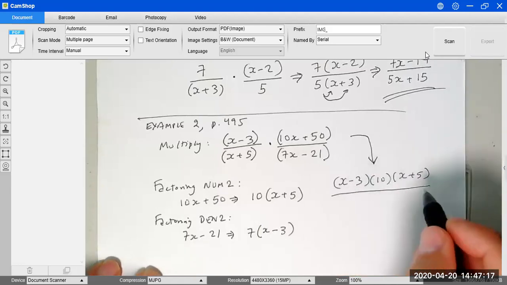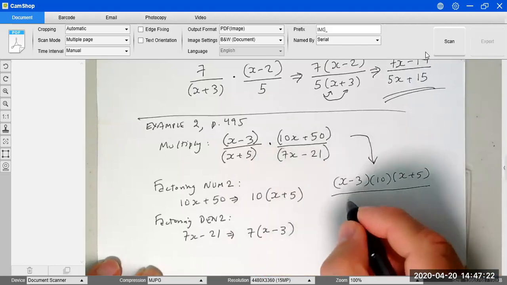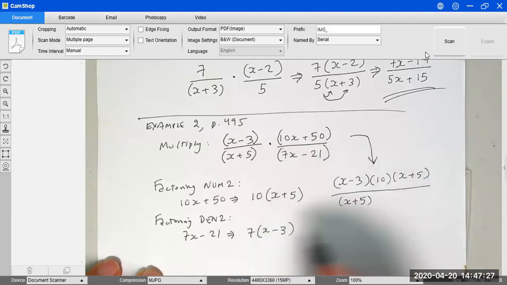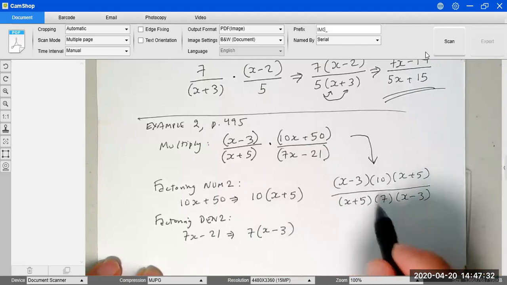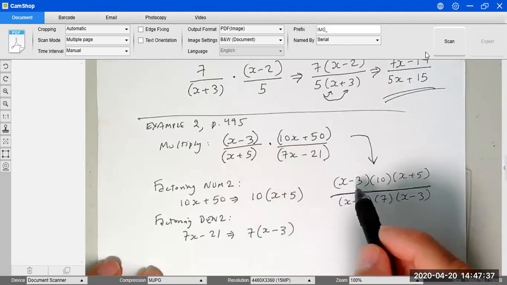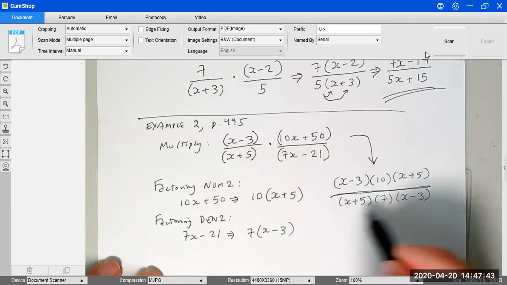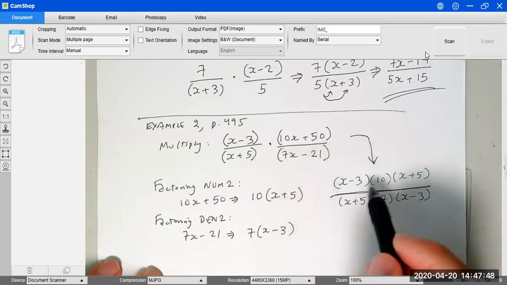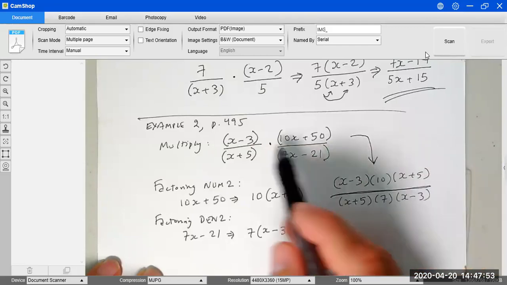Then the first denominator is going to be x plus 5, and the second denominator is just 7 multiplies x minus 3. I'm writing just a single fraction bar now, indicating that I'm doing the multiplication of numerators and the multiplication of denominators. Just by writing a single fraction bar means that I proceeded with the multiplication. So this is the result of multiplying these quantities.